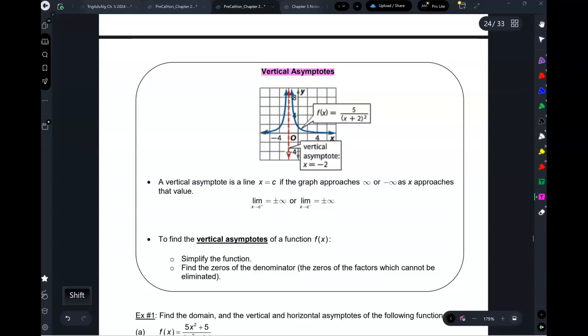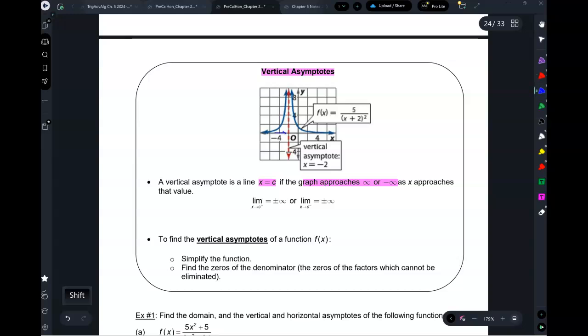Vertical asymptotes. A vertical asymptote is a line x equals c, where the graph approaches infinity or negative infinity as you approach a value. For example, take a look at this one. This is x equals negative 2.